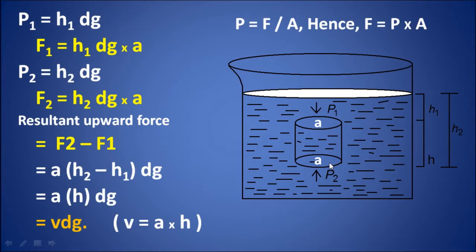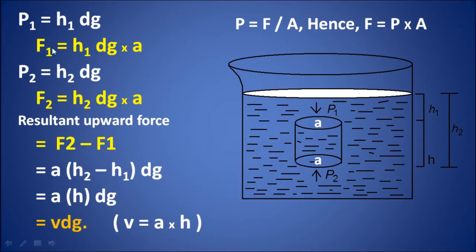Now we know pressure is equal to height of liquid column into density of liquid into acceleration due to gravity. Now we know that pressure is equal to force upon area. Hence, we can find out force if pressure and area are known.